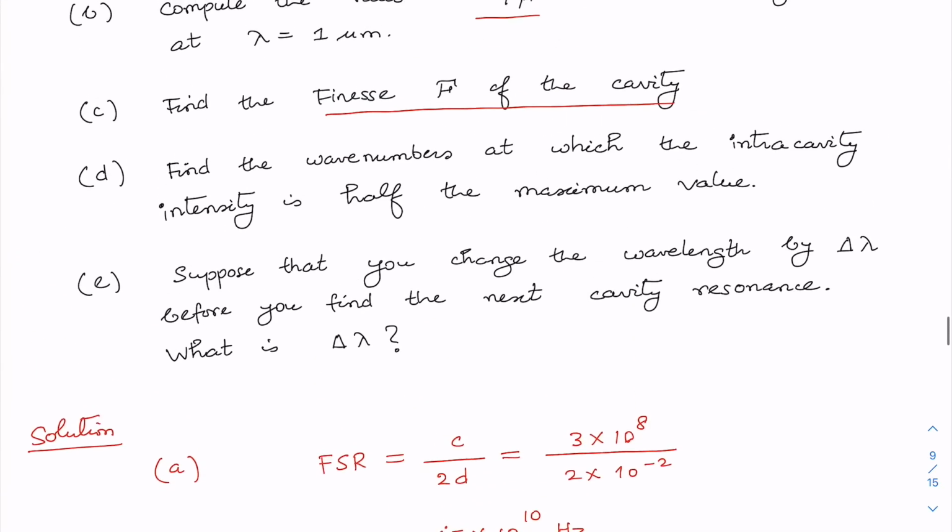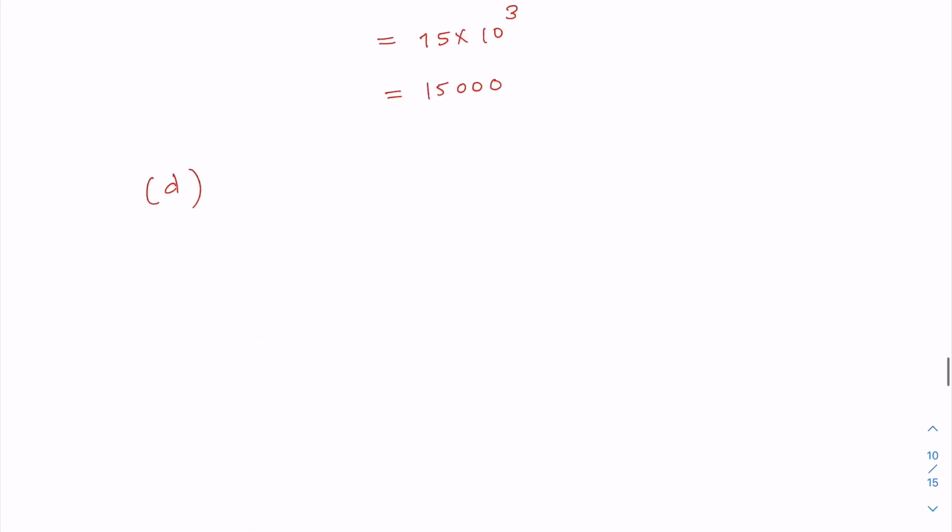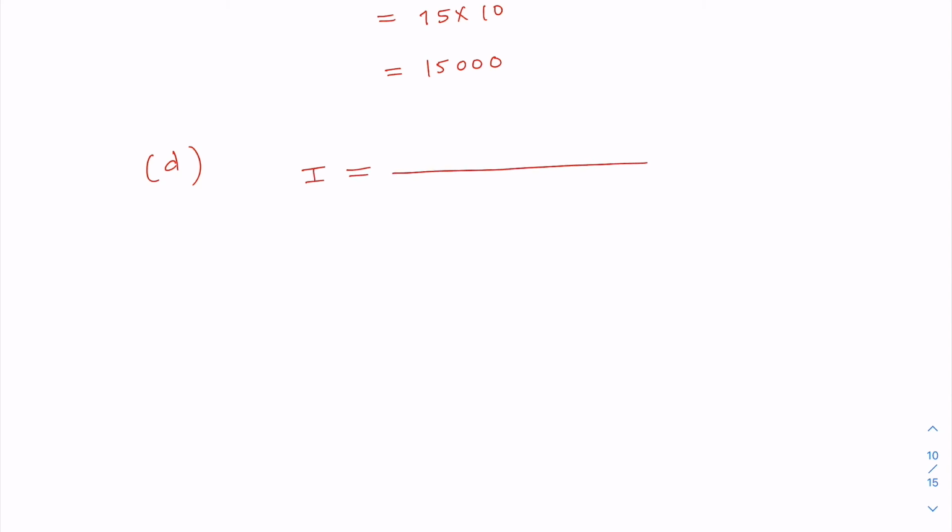In part D, you are asked to find the wave numbers at which the intra-cavity intensity is half the maximum value. The intra-cavity field intensity is related to the maximum intensity by this expression. So I is equal to I max divided by 1 plus (2 times finesse divided by pi) whole square times sine square kd.